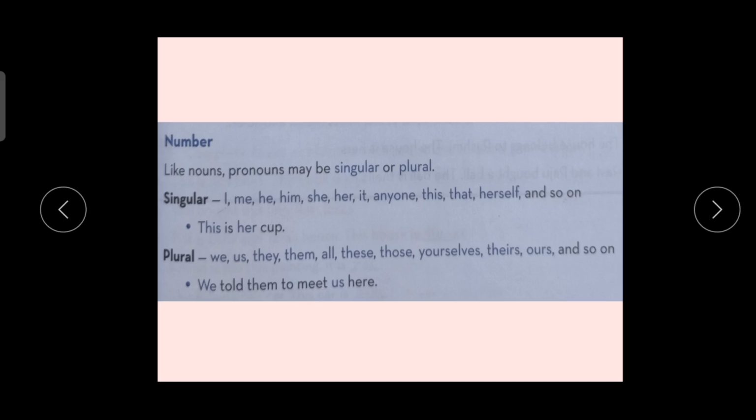We told them to meet us here. Here, as you can see, the pronouns we and us tell us that the pronouns are plural in number.